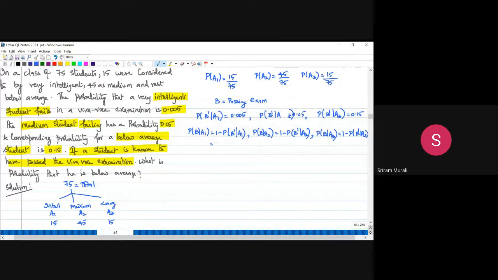So this is 1 minus 0.005, which is equal to 0.995.